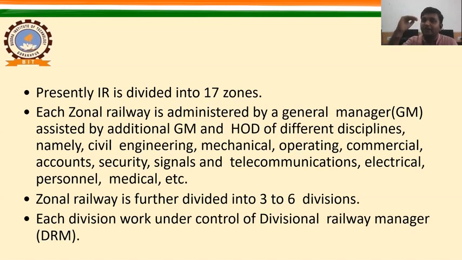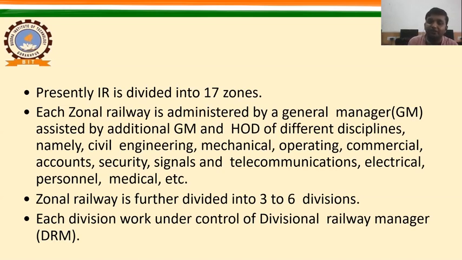Then it is divided into 17 zones. Who takes care of those 17 zones? It is the general manager, assisted by additional general managers, who are assisted by the HODs of different disciplines, that is civil engineering, mechanical, operating, commercial, etc.